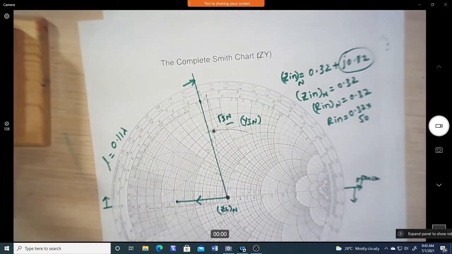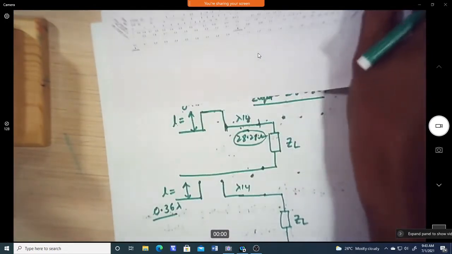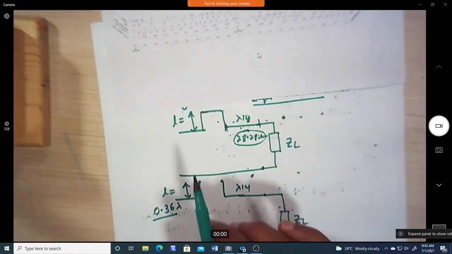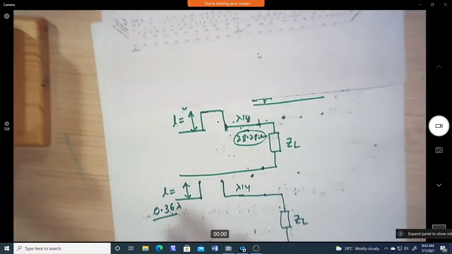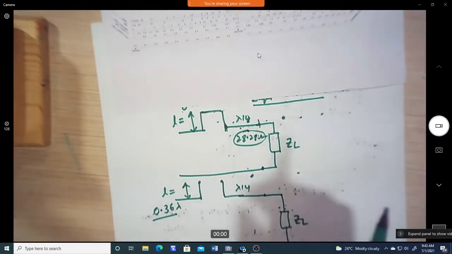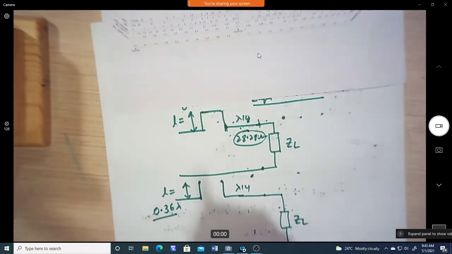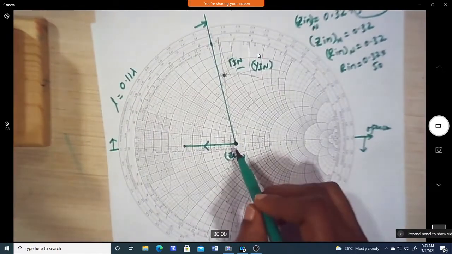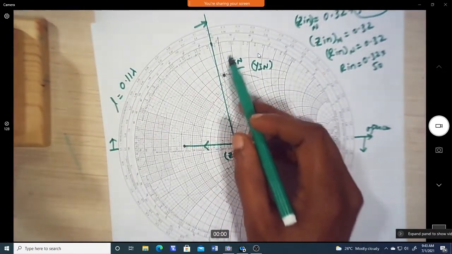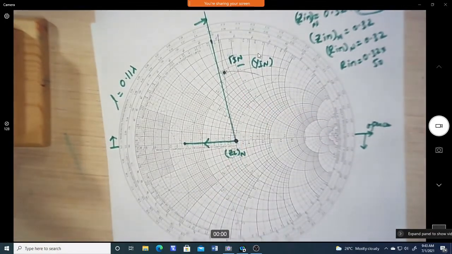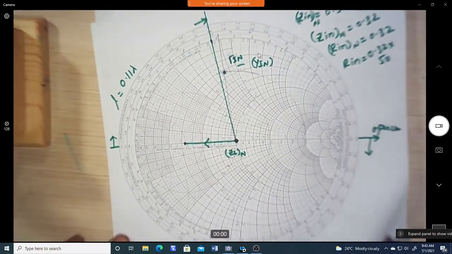Correspondingly you have to find the length of the shunt short stub or shunt open stub. Corresponding to that susceptance you have to find out the length of the stub. That is another way of transforming this ZL into the gamma in, which is the reflection coefficient. So is it clear?